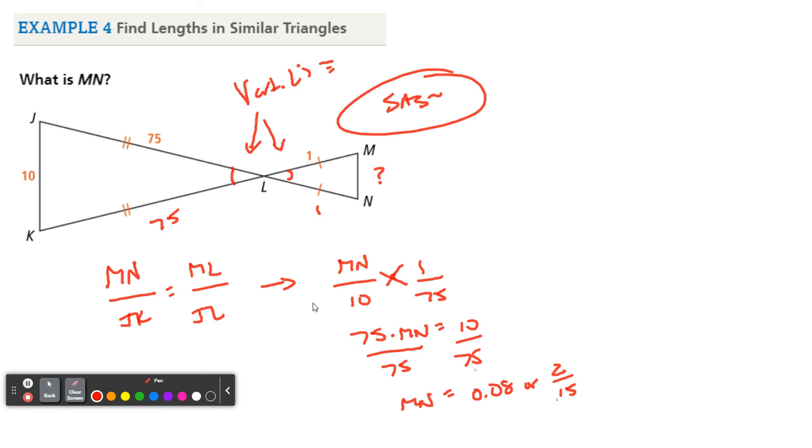Okay, so I'm wrong, right? So 10 divided by 75 is 0.13 repeated. And that is 2 over 15. I apologize if you were confused for a second. Again, sometimes my mental math fails me as well. But there you go. So that would be the length of MN based off this similarity connection.